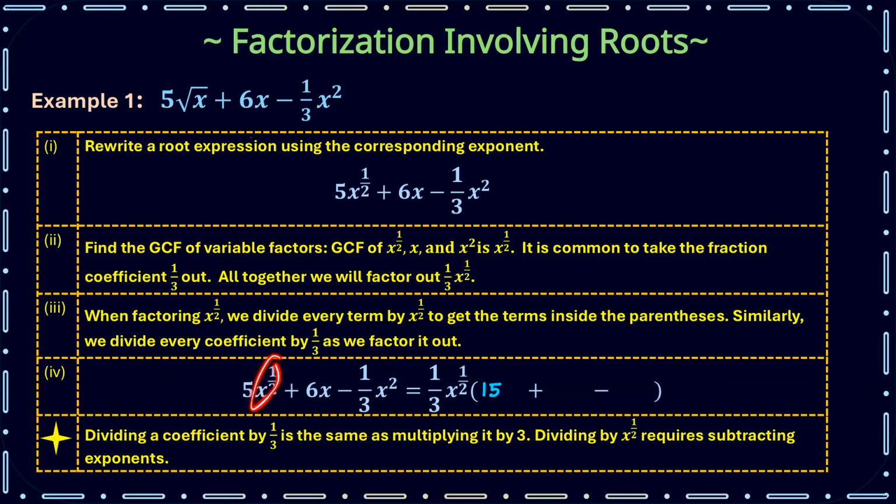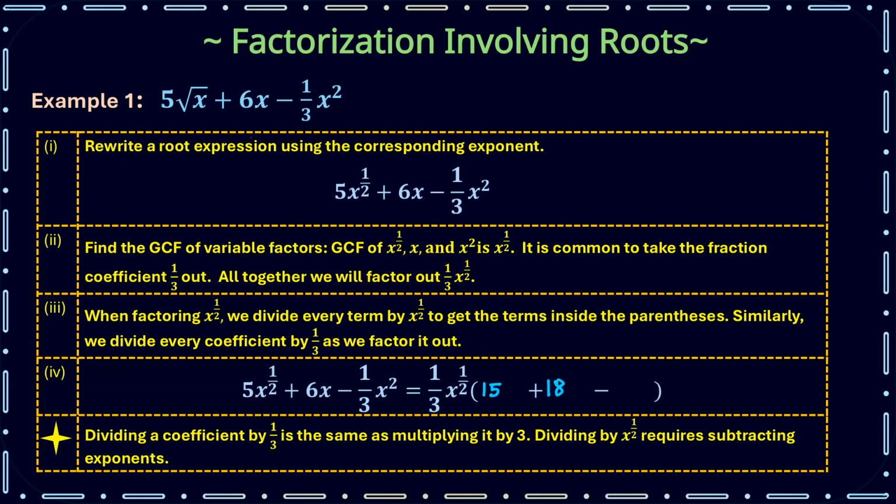And x to the 1/2 is already out. So you get 1, which again, you don't have to write down. Next, we're going to factor out 1/3 from 6. You take 6, you multiply it by 3, that gives you 18. So the coefficient for the second term is 18.